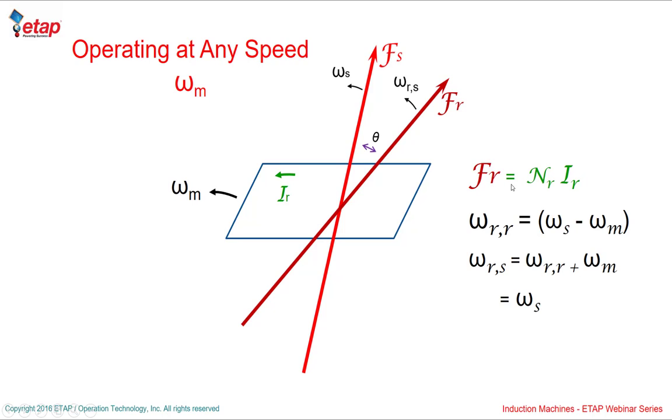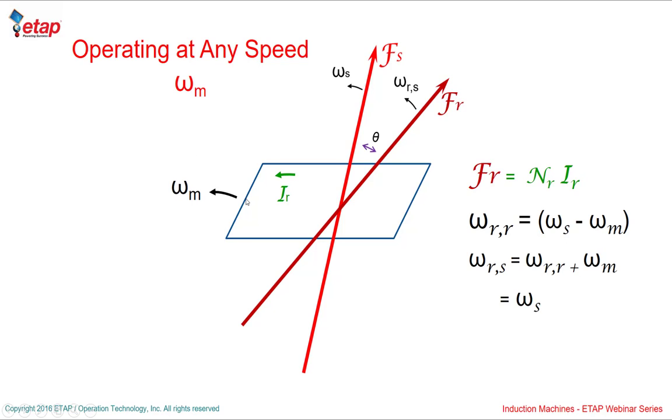F sub r is N sub r times I sub r, and it has a speed with respect to the rotor, omega rr, which is the speed of F sub r with respect to the rotor.